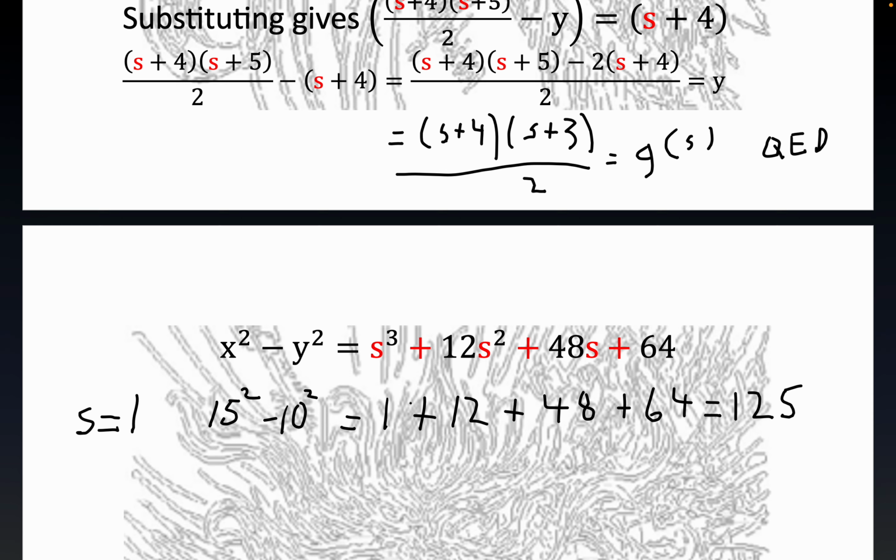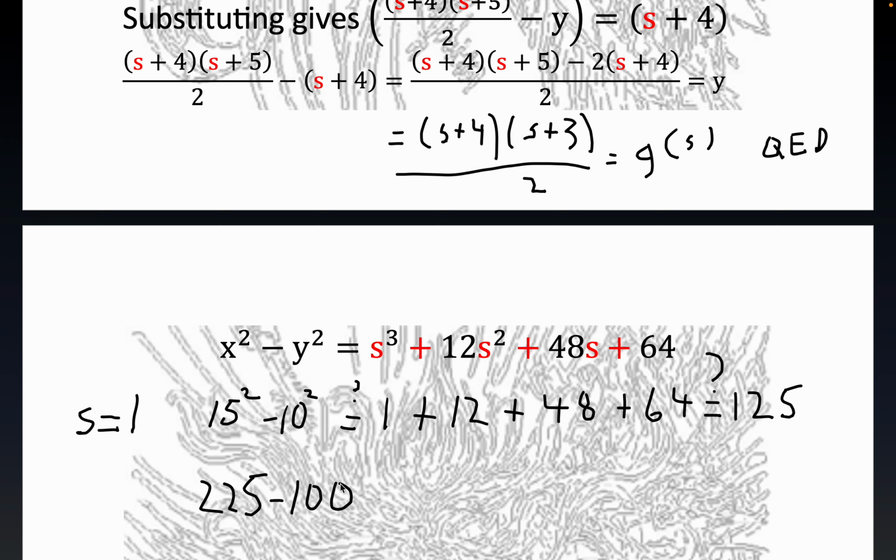See, so this does check. In other words, this is a question mark at this point, but we know it's true because of the algebra above. But you see 15 squared, this is 225 minus 100 here, right? So this is a verification for a simple substitution.